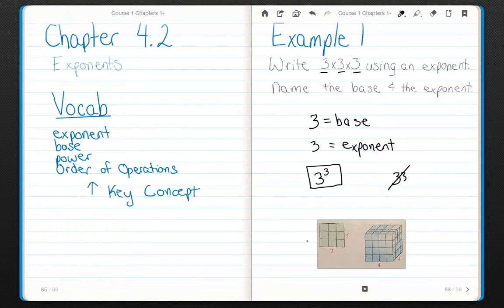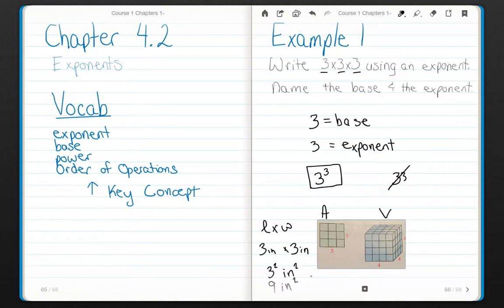Okay, let's take a quick review of area versus volume. Area we use to measure a flat surface, like how much carpet I need to cover the floor of my classroom. We find area by multiplying the length times the width, or in this case, 3, let's say inches, times 3 inches, which is 3 squared, inches squared, and 3 squared is 9 inches squared.